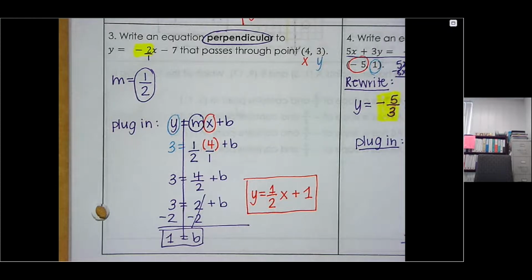That's great, because there's nothing under the 2, so you can put a 1 underneath it. It'll be a positive 1. That's perfect. That's your new slope. That's what you're gonna use.